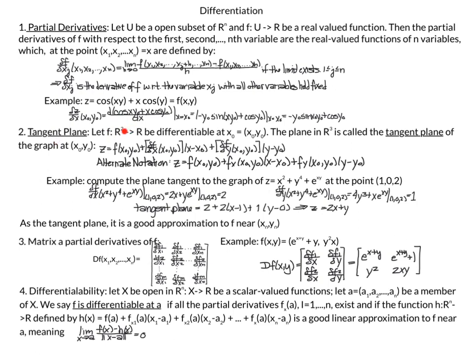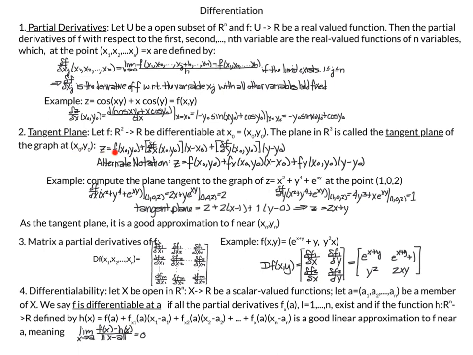So if we have a function that goes from R2 to R, and we did an example for Rn to R, so it's a scalar function, multi-variables into a scalar. Then the plane is called the tangent plane at the graph, and the formula is z equal to our function. It's the tangent plane at a point, because at different points you're going to have different tangent planes.